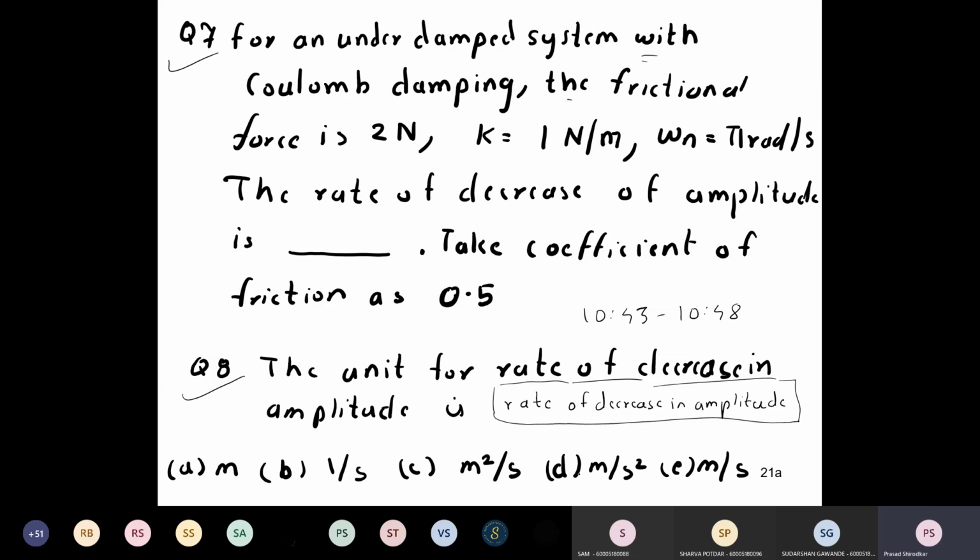All right, time is up. Please submit your answers. Time is 10:48. Beyond 10:48, answers won't be accepted. Submit your answers fast.